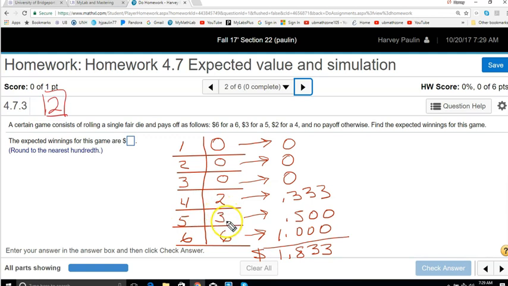So 3 out of 6 is 1/2. So that would be this in winning. And then 6 out of 6 is a 1. Again, this is 1/6 out of 1 is 1. And added up, our expected winnings for this type of profile is $1.83, rounded to the nearest hundredth.